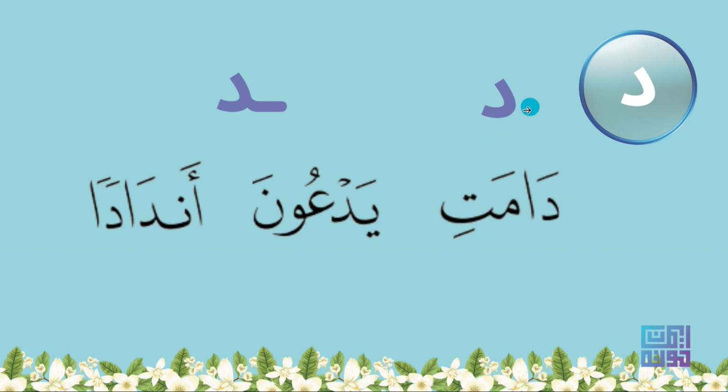And this is if it's connected. Here it's separate and here it's connected. The letter dal is one of the letters that is just connected from the right-hand side, so it does not connect with the letter that comes after it.